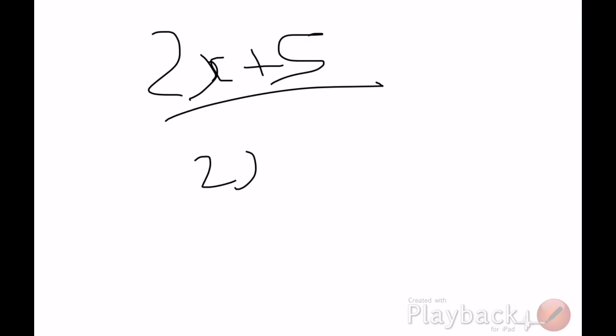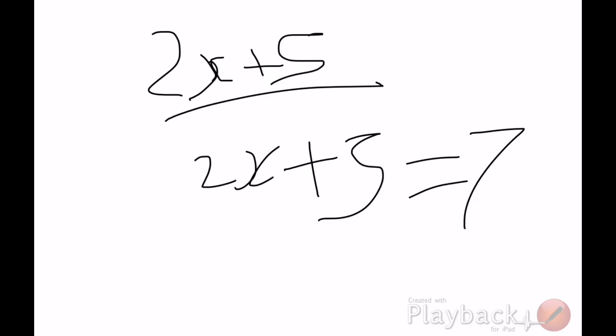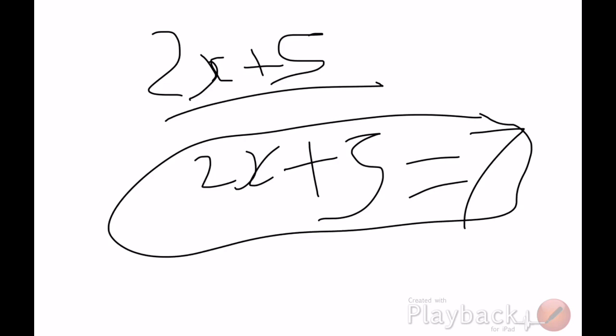And also don't get confused between equation and expression because they're nearly the same. So if 2x plus 5 is the expression, plus 5 equals to some value, maybe 7, this is the equation because we have the equal sign. The only difference is we don't have an equal sign in the expression.